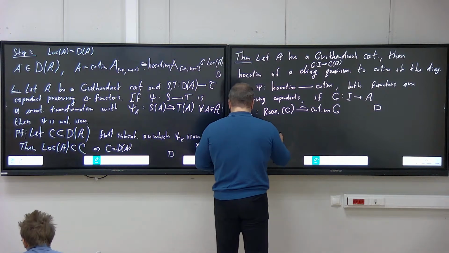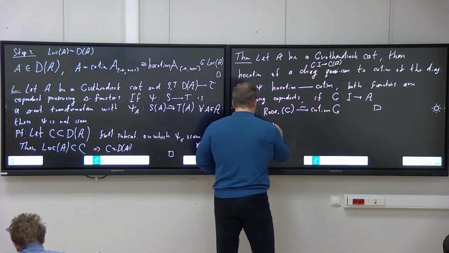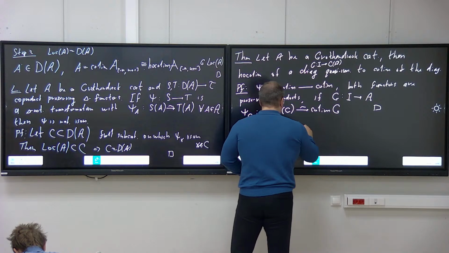which says the following. Let A be a Grothendieck category.